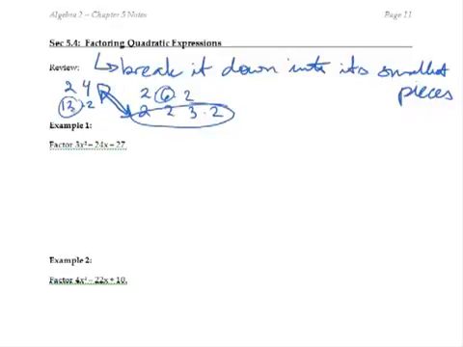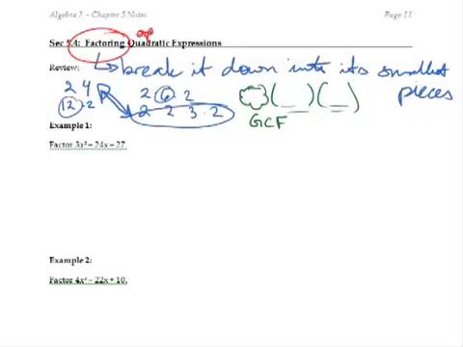When we're dealing with equations, factoring, breaking it down to its smallest pieces, means that our answers will look like parentheses, parentheses. Maybe there's something sitting out in front even, like a GCF, a greatest common factor, but you will at least have a parentheses and a parentheses as your answer. We also talked about how factoring is the opposite or the inverse of foiling.